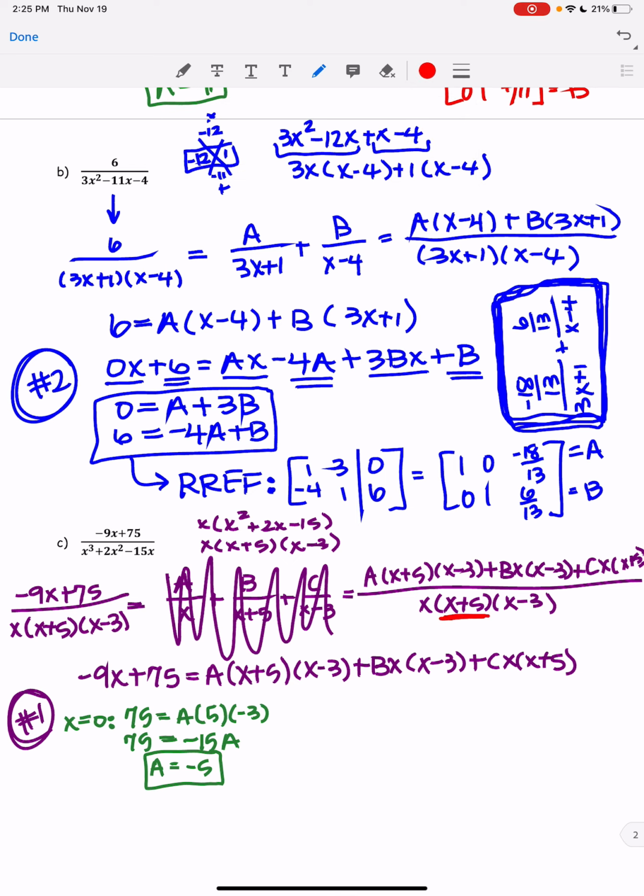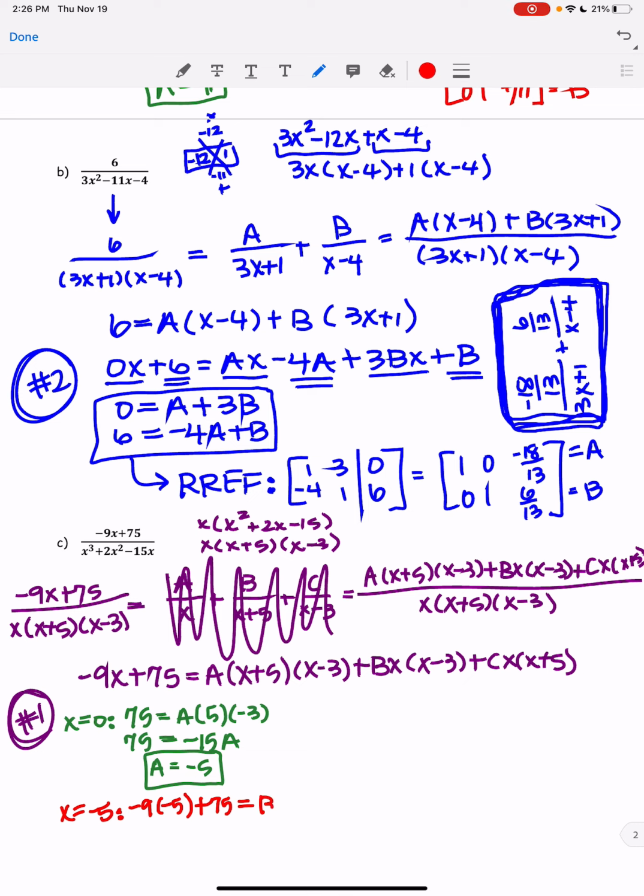Okay, so let's look at that next multiple. What I have to plug in here is a negative 5 to get that to zero out. So x equals negative 5. Put that into this x here. So I've got negative 9 times negative 5 plus 75 equals, when I put in a negative 5 here, that turns into 0, so this whole thing cancels.